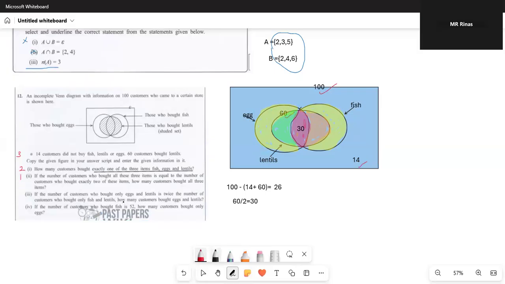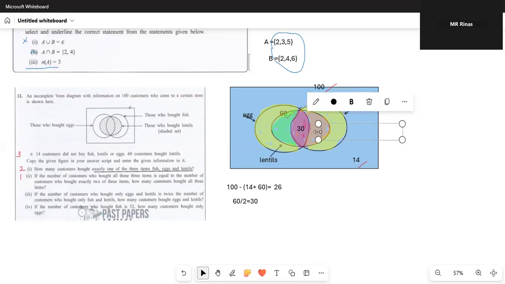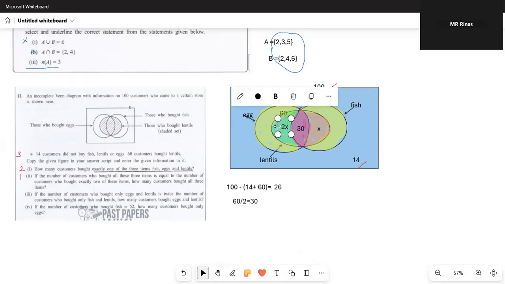The third question they are asking: if the number of customers who bought only egg and lentil is twice the number of customers who bought only fish and lentil. So it is like this. If the number of people who bought fish and lentil is x, then the number who bought egg and lentil is twice that, 2x.